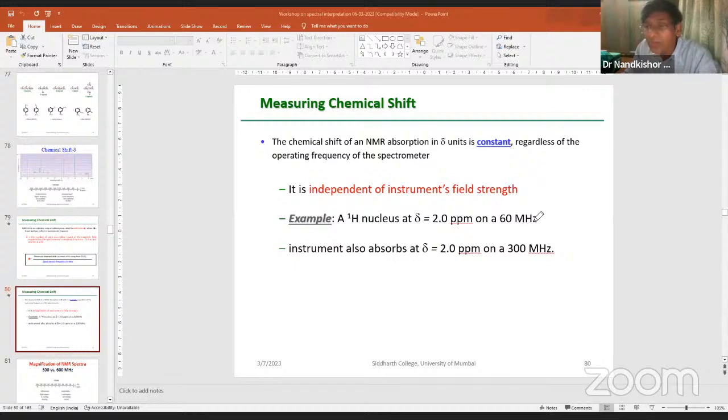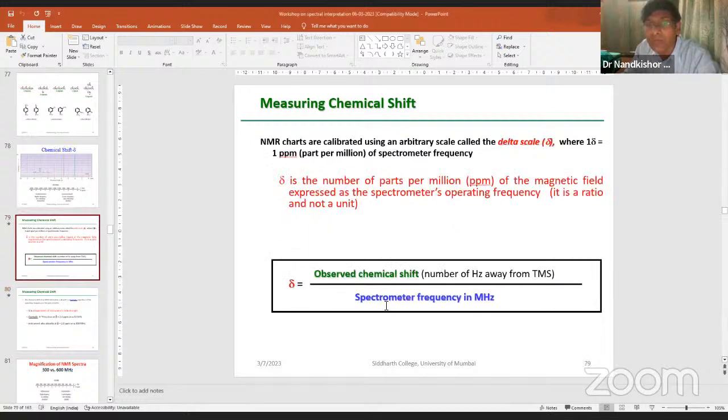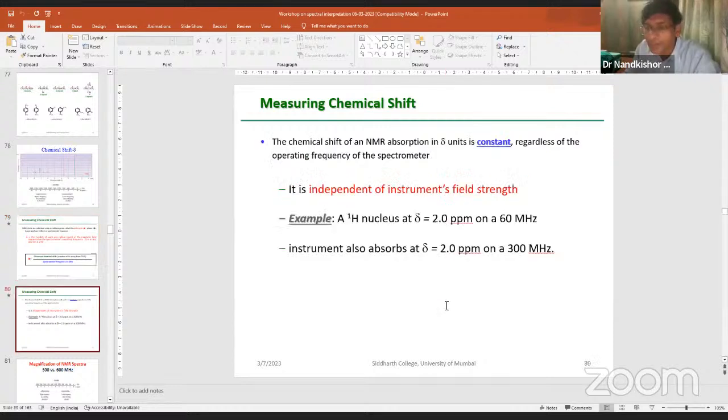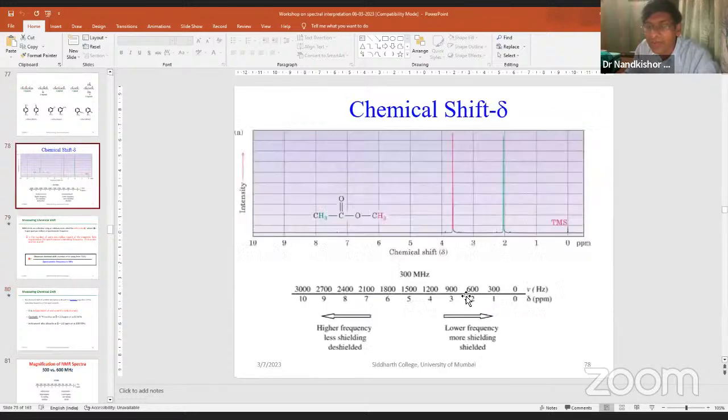Why is it a ratio? Because the formula is observed frequency upon instrumental frequency in hertz. Suppose 100 upon 100, that will be 1. Likewise 300 upon 300 is 1. If 300 is the instrumental frequency and 300 is the scale in hertz, then 300 upon 300 will be 1.